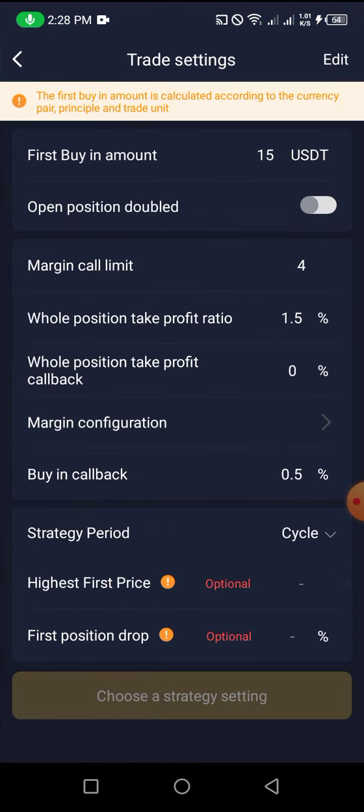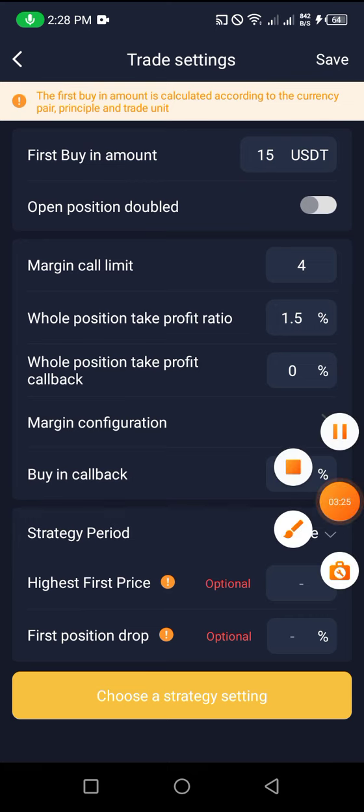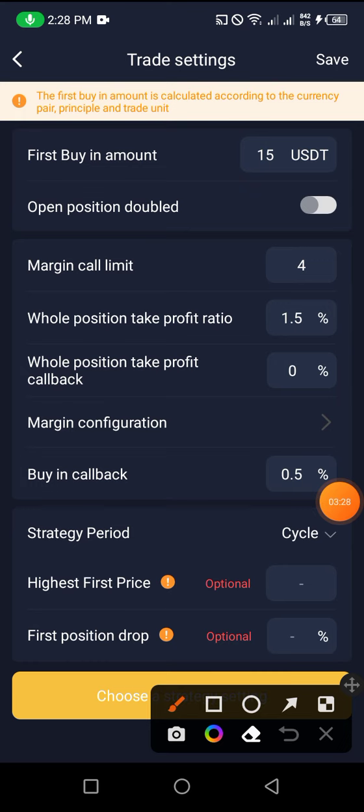Then you'll come to this area where you are required to make adjustments based on what is on the signal. So the first thing is you're going to determine how much you want the robot to use in this particular coin. You'll change the figure from 15 to your preferred amount.